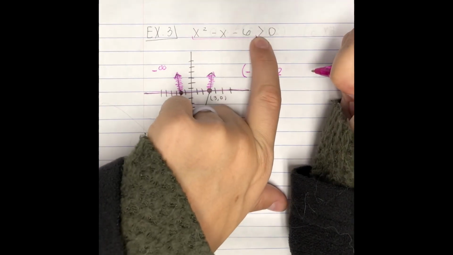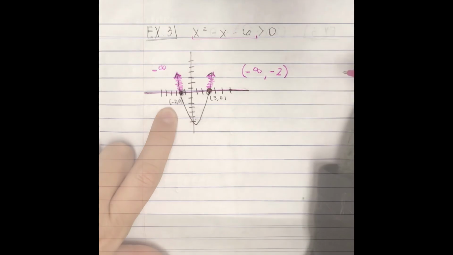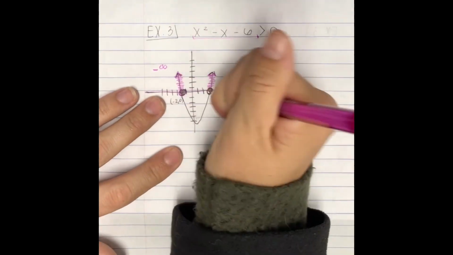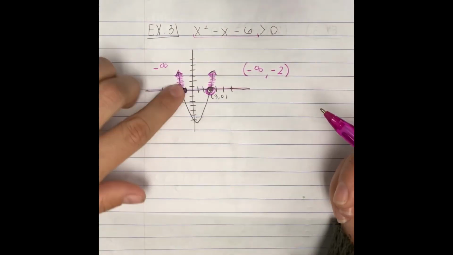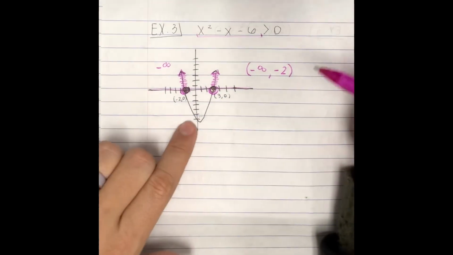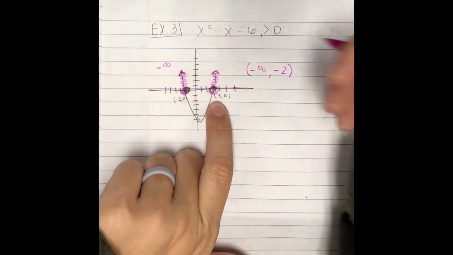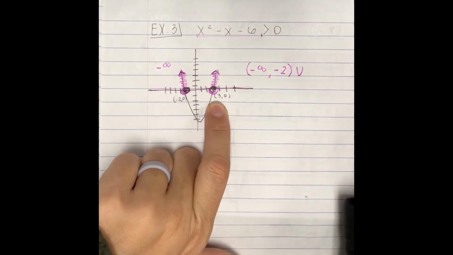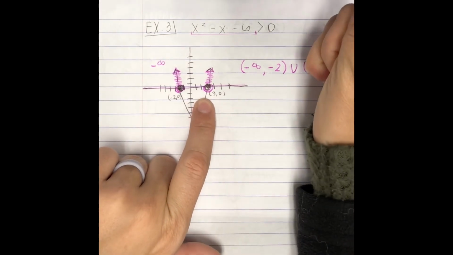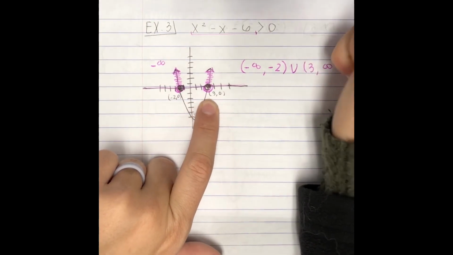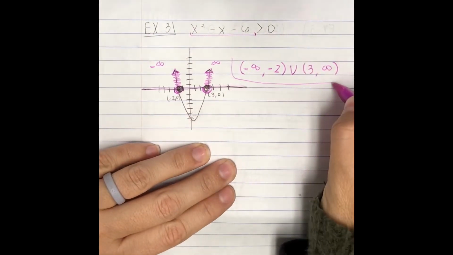Since we don't have an equal to, right, we are going to put a parentheses. So I'm gonna put open circles around these and not shade them in to show that it's just everything greater. So we're going from -infinity to -2. And then we combine that, so I just put a U for union, from 3 to infinity. Okay, and this would be your answer.